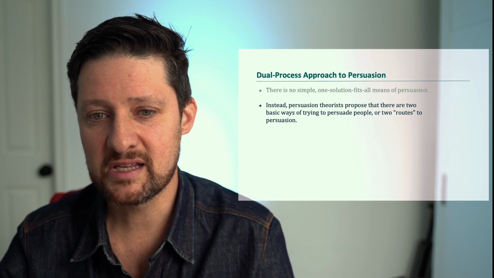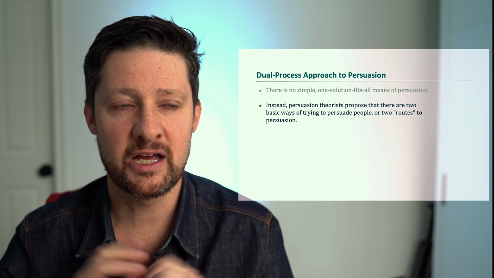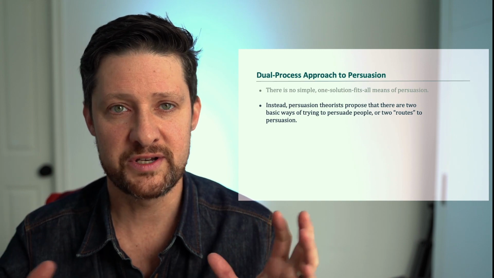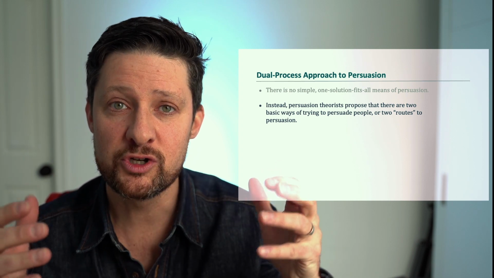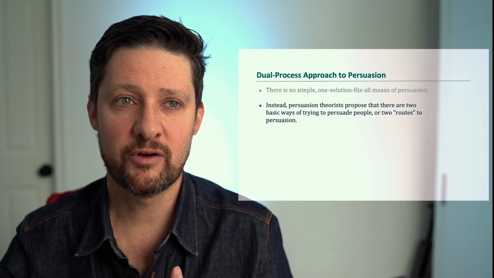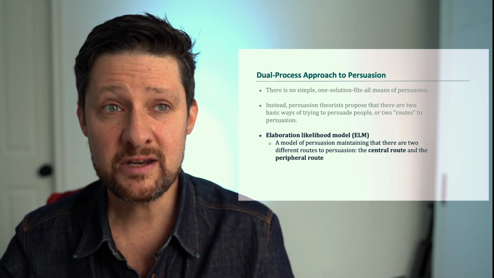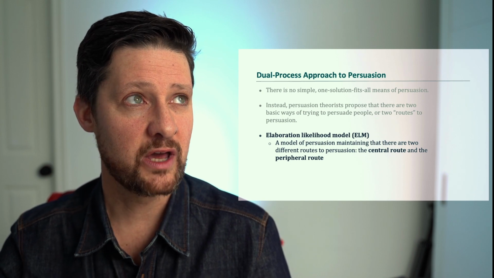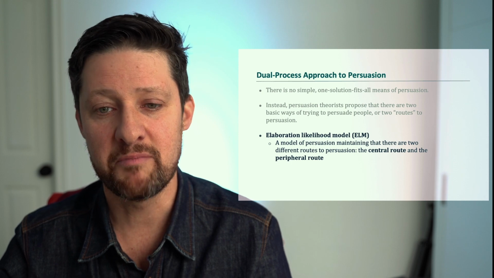And so instead of thinking of persuasion as one size fits all, or there's one technique, or a few techniques, we think about it in terms of two routes to the persuasion of someone. The main model that we use to investigate these two routes is the elaboration likelihood model, the ELM model.